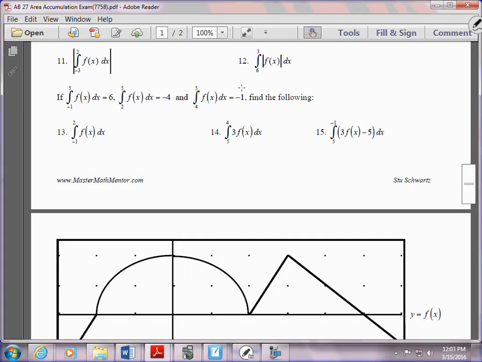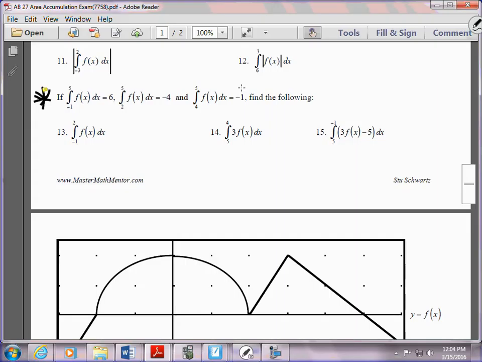Okay, so number 15. Actually, it was 13 through 15, based on this information here. You were given that for the last 3 problems. You're asked to find the definite integral from 5 to -1 of 3f of x minus 5. Well, we're given the definite integral from -1 to 5, so I'm going to switch them.